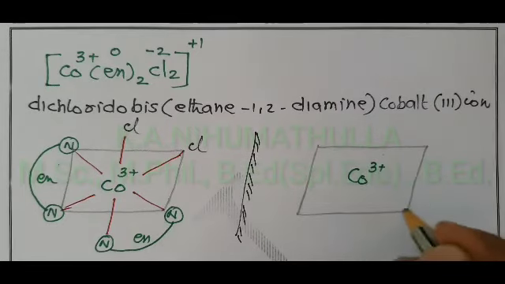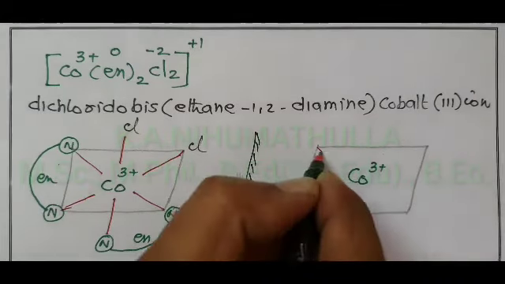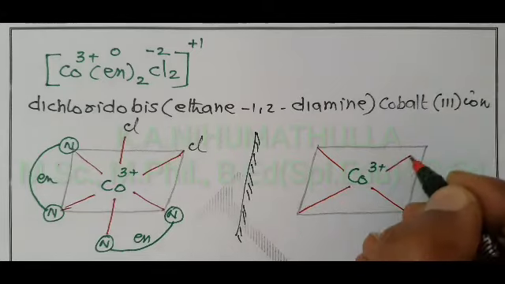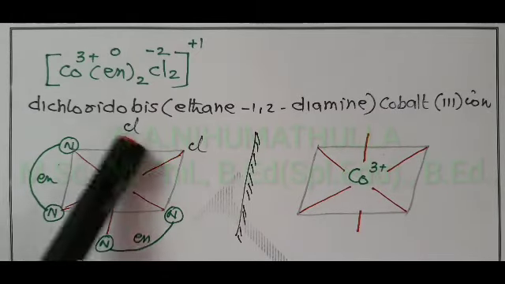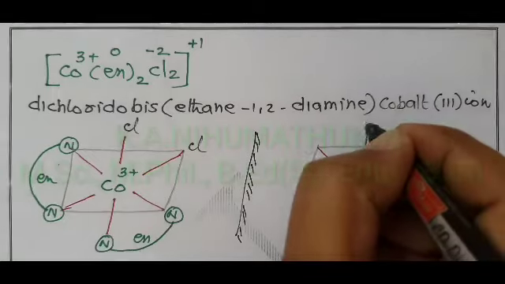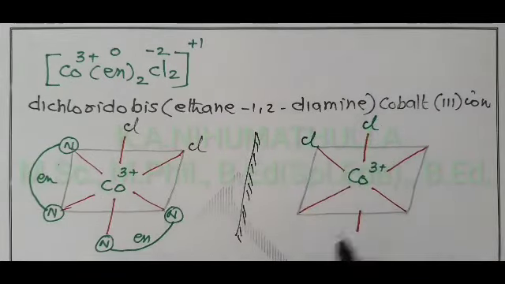What is an octahedral complex? 1, 2, 3, 4, 5, 6. The two chlorine atoms are present in the mirror image only in this position. This chlorine is present here, this chlorine is present here.